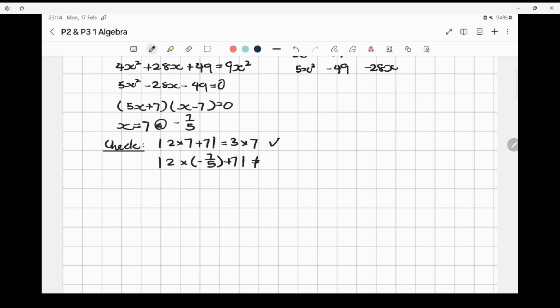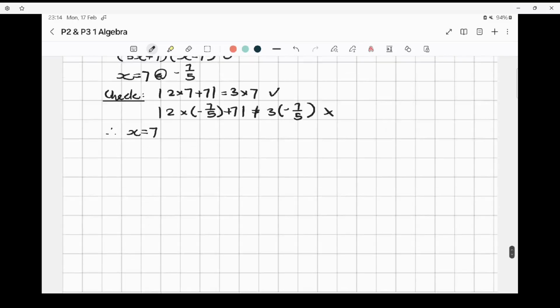This is not equal to 3 times minus 7 over 5. So this inequality shows that this is not a solution. Therefore, x equals 7. Whenever you solve these equations, make sure you check for solutions.